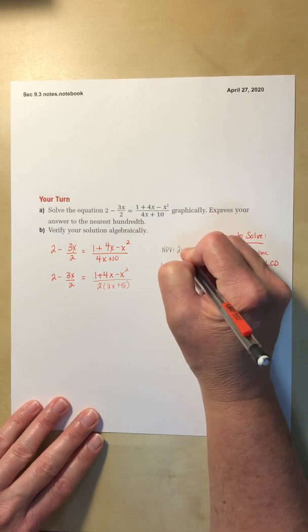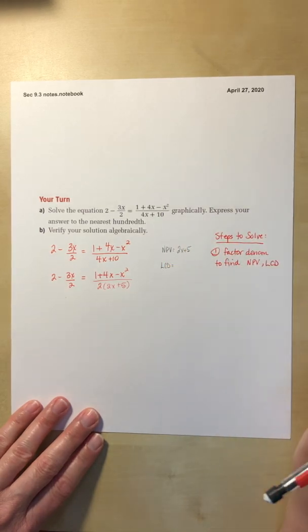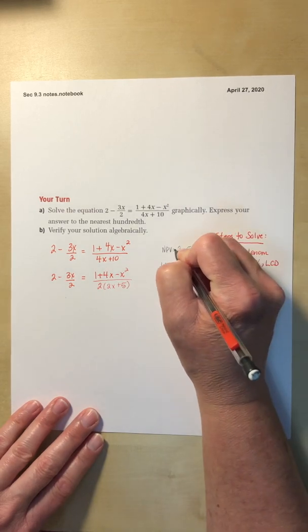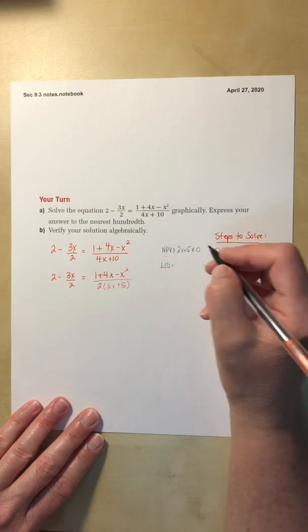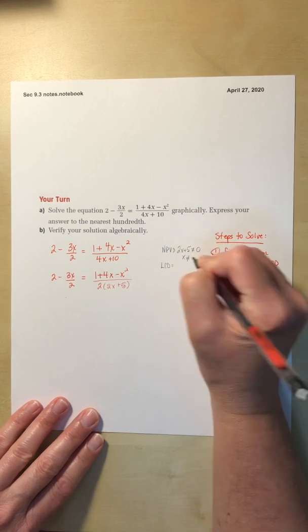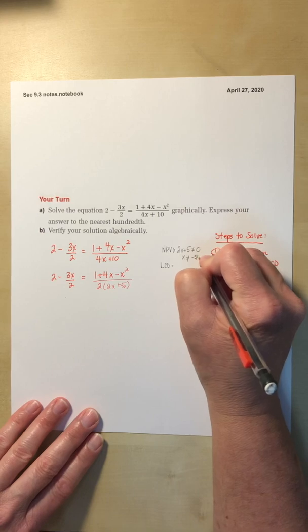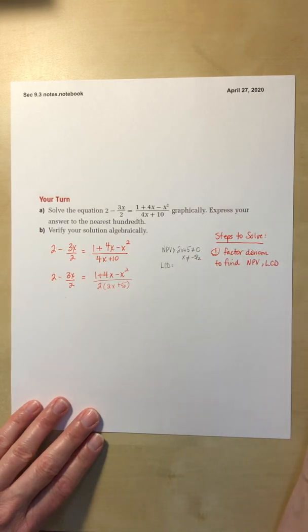So the fact that we have 2x plus 5 as a factor in the denominator, that cannot equal 0. And so when you treat this like a little equation and get x by itself, move the 5 over, divide by 2, we have a non-permissible value of -5/2.